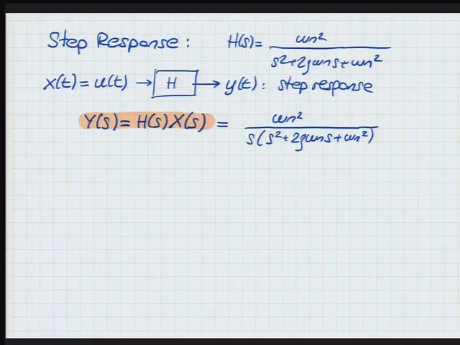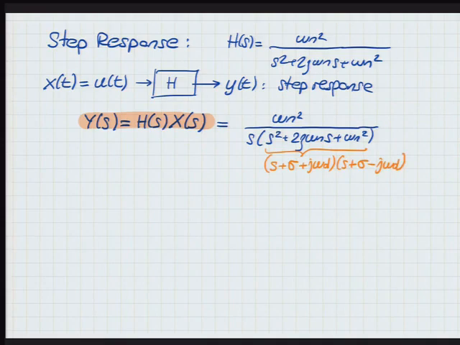So first thing to note, though, is that what we are seeing here, remember that had two poles, right? Negative sigma plus minus j omega_d. So I can really factor this in this form: (s plus sigma plus j omega_d)(s plus sigma minus j omega_d).